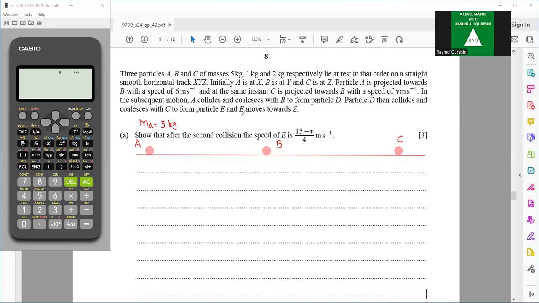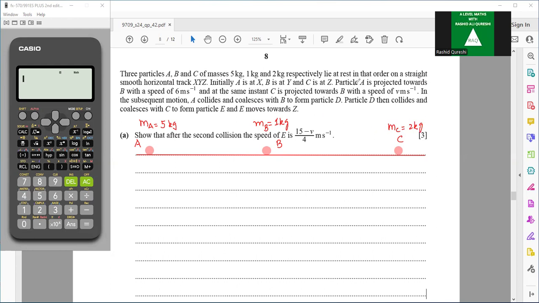The mass of B is 1 kilogram. And the mass of C, denoted by MC, is 2 kilograms.